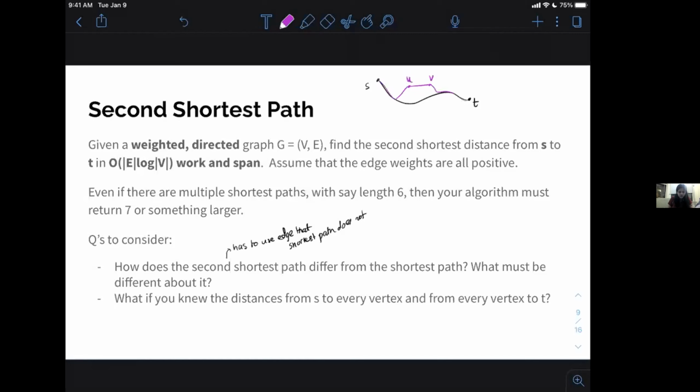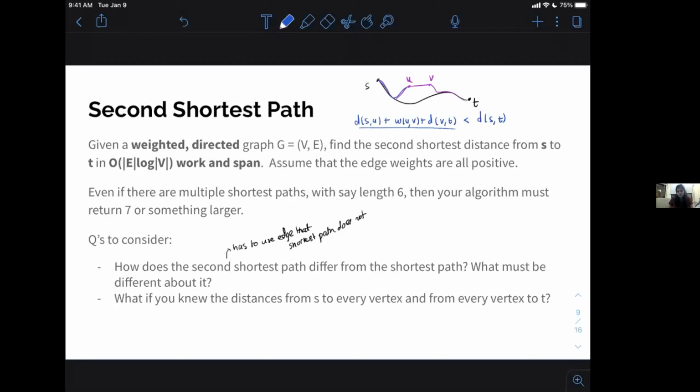So you know that the distance from S to U plus the weight of U to V plus the distance from V to T is greater than the distance from S to T, right? Any second shortest path has to look at least like this. Your second shortest path is this or worse.